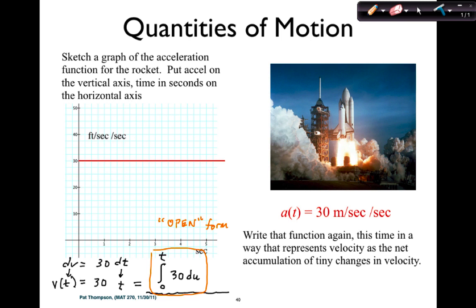What's the advantage of open form? Anyone know? What's the advantage of open form? What's that? This one we can too, right? Yeah, they both can do that. They're both functions, right? Advantage of open form.